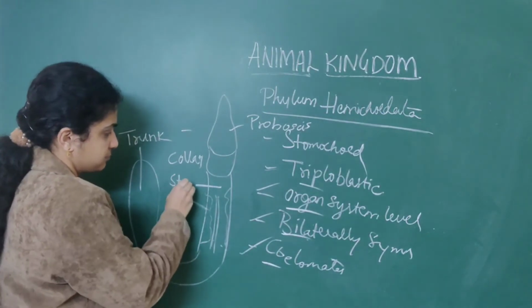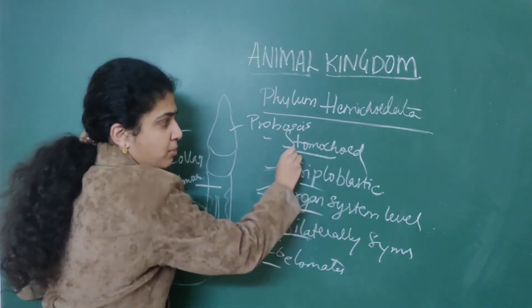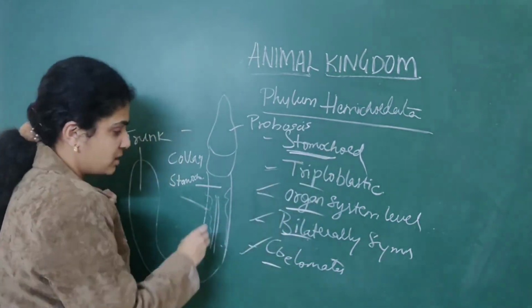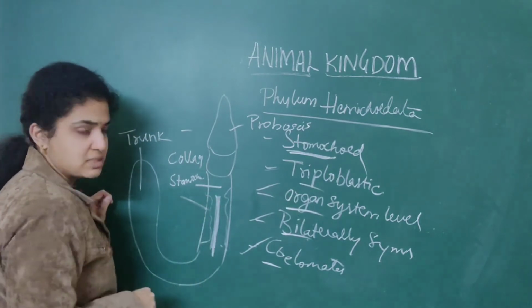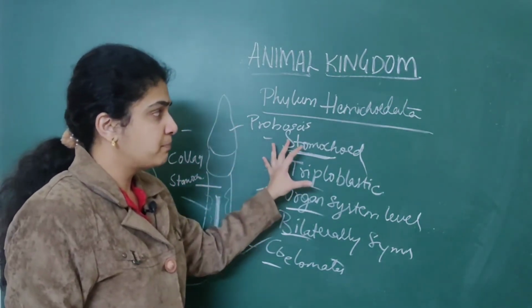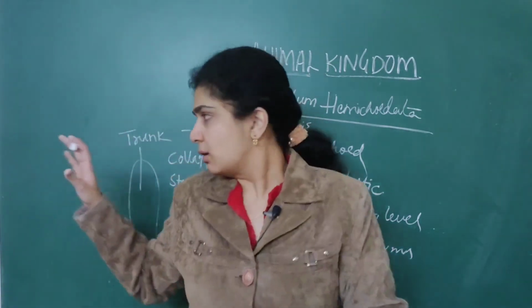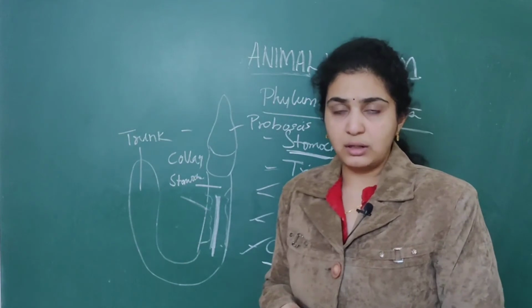So I have just told you, stomochord is present in the collar region. This is the stomochord which is present in the collar region. So this is about the stomochord, collar as well as trunk.